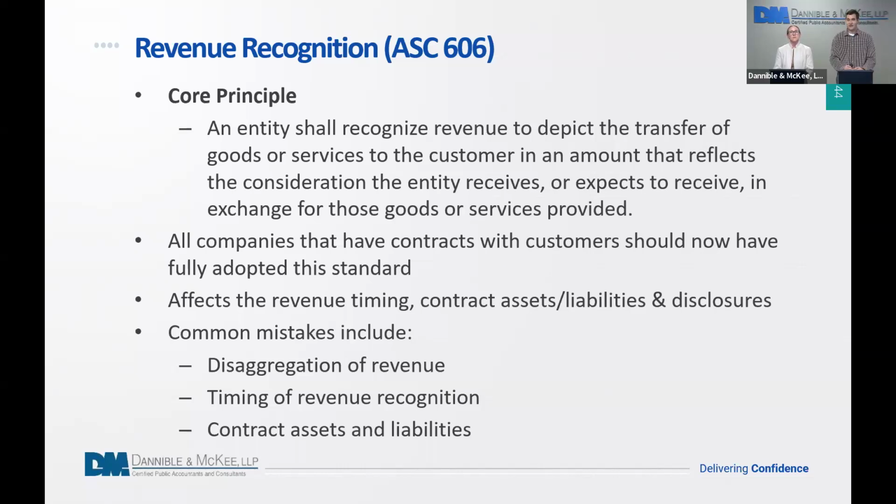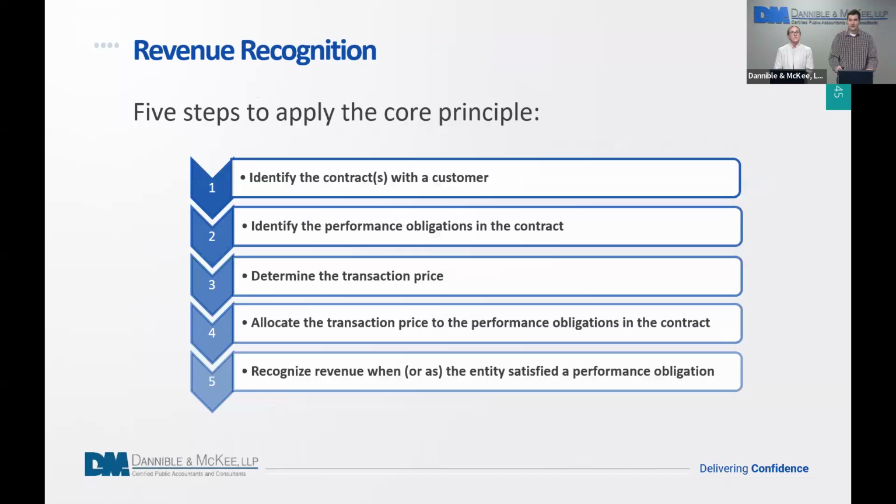Meaning if your company is providing different services, like build services as well as architectural engineer design work, you're supposed to disaggregate the revenue in your financial statements. The other thing is it's going to impact the contract assets and liabilities, and also the timing of your revenue recognition if ASC 606 is not properly followed.